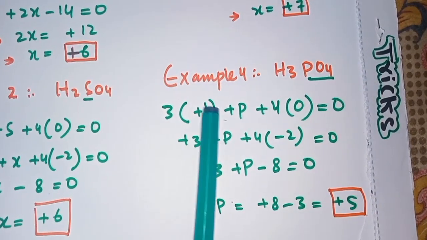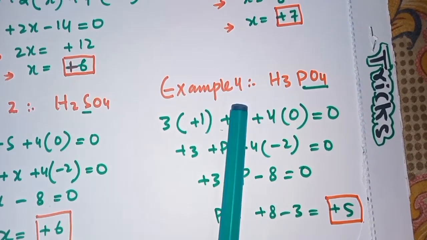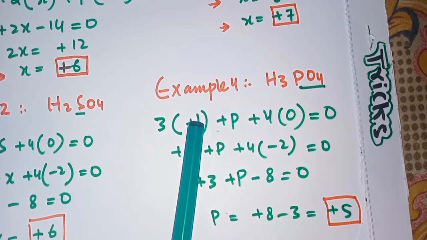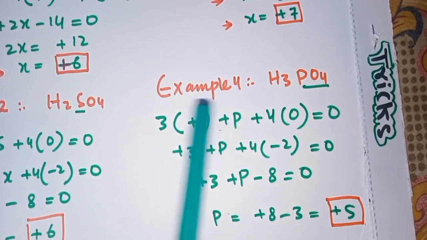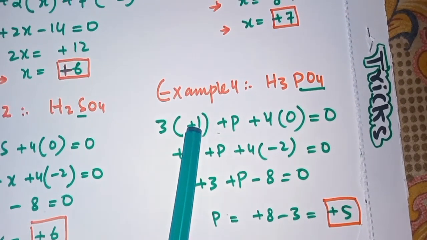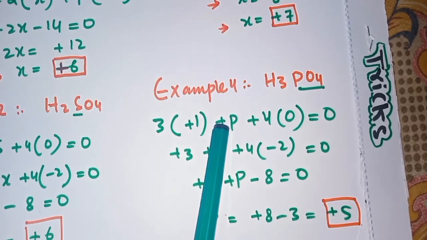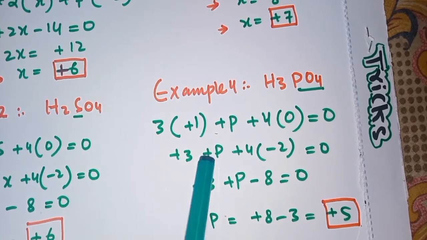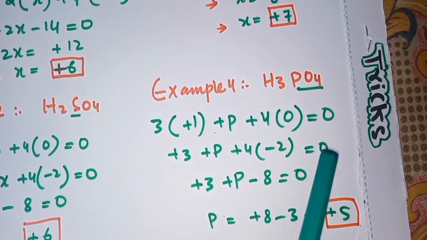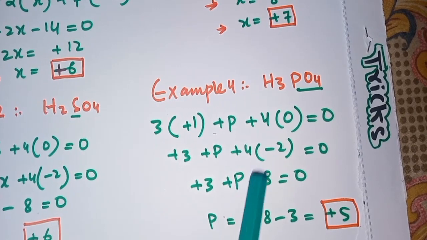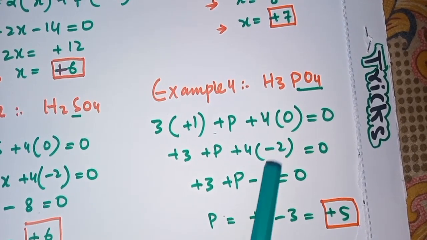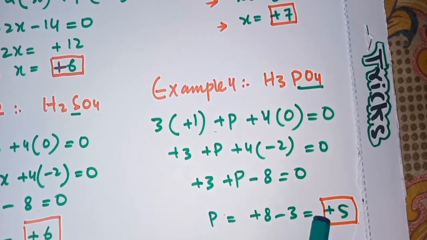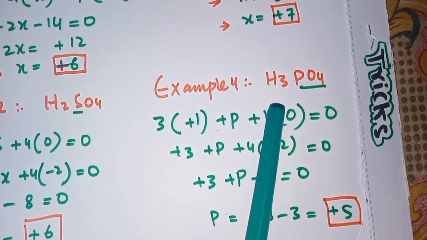For phosphoric acid, we find the oxidation state of phosphorus: 3(+1), because there are 3 hydrogens, plus phosphorus, plus 4 oxygen equals 0. So 3 + P + 4(-2) = 0, 3 + P - 8 = 0. So we get the oxidation number +5 for phosphorus in phosphoric acid.